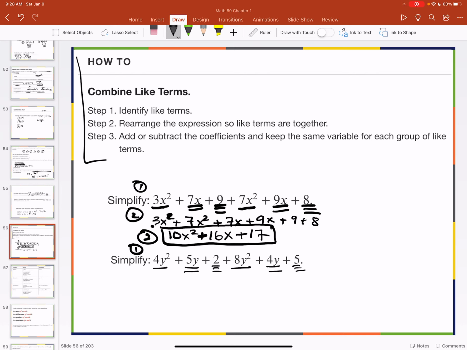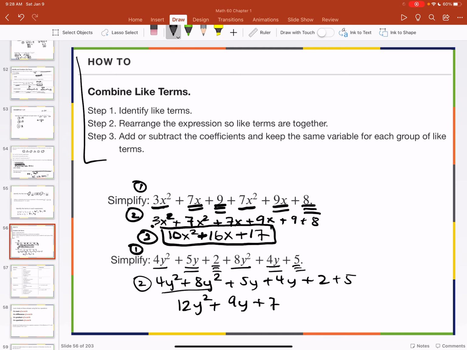So that's step 1, check. Step 2, let's rewrite it: 4y squared plus 8y squared plus 5y plus 4y plus 2 plus 5. All right, so here we have 4y squared plus 8y squared, that's 12y squared, plus 9y plus 7.